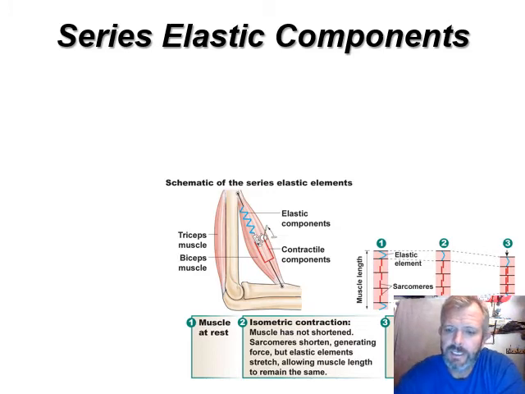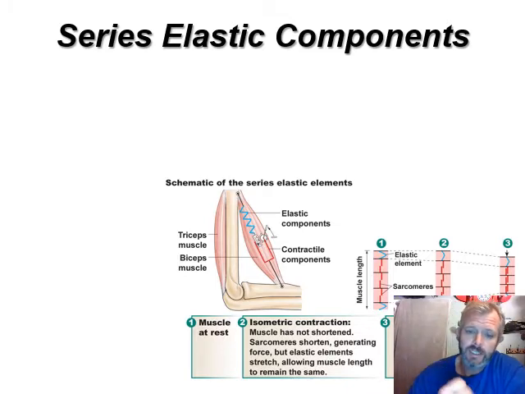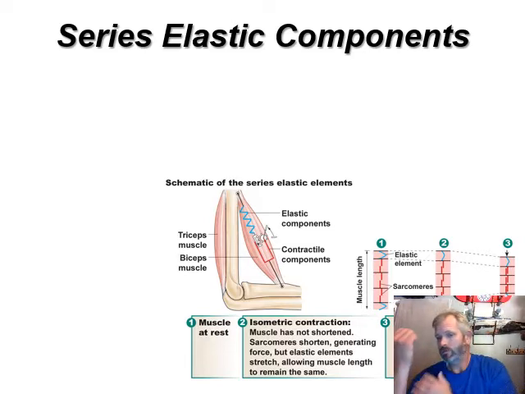So here's how we can get these different types of contractions, isotonic and isometric: besides the contractile components of the muscle, there are the elastic components. Because remember, we're changing the length of the muscle when we're doing those concentric, isotonic contractions, whereas the muscle length isn't changing when we're doing the isometric.